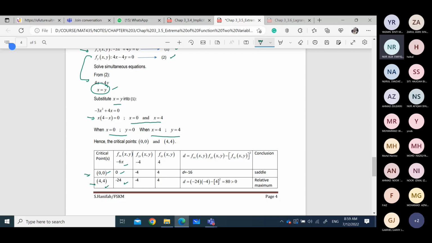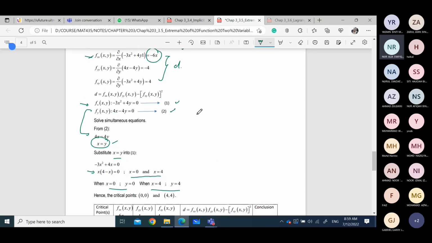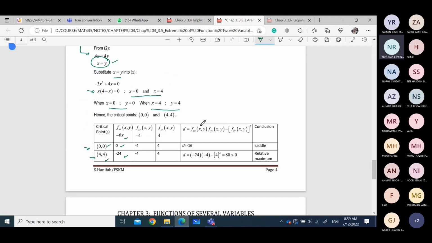Okay, so next for the second order derivative with respect to y. So here yang ini kita dapat negative 4, which is a fixed value. So dia tak kisahlah sama ada point dia (0, 0) or (4, 4). The second order derivative with respect to y is always negative 4. So you masukkan je.